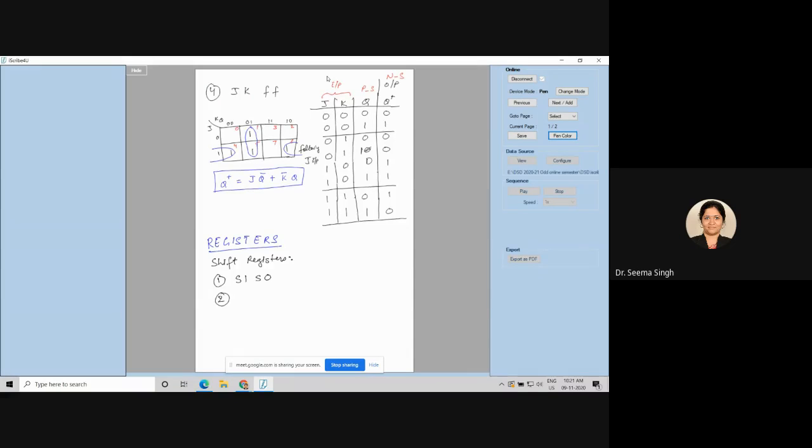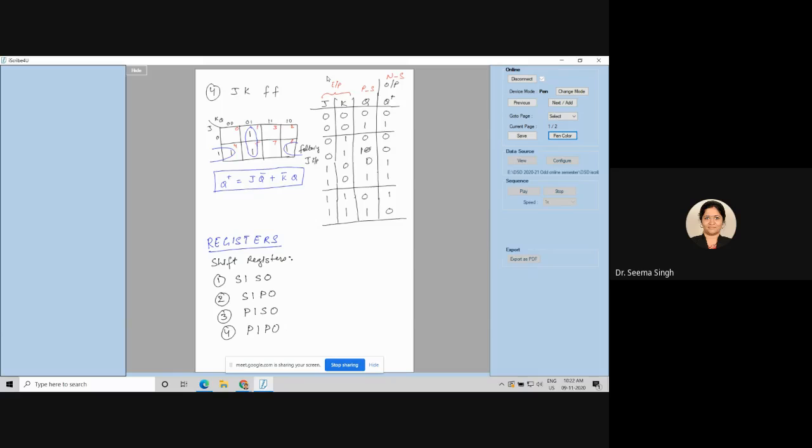Second possibility is serial in, parallel out. All these are very easy actually. Serial in, parallel out. Third possibility is parallel in, serial out. Okay. Parallel in, serial out, that is also very simple. And fourth one is parallel in, parallel out.